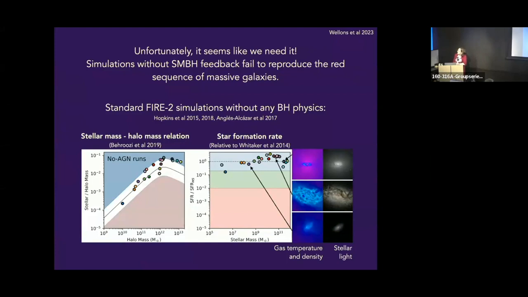And if we look at the actual galaxies themselves, you can see an image there of the gas temperature and density, with blue being cold and pink being hot, and then the corresponding stellar light on the right. At all masses, you end up with a little bit of a star-forming disk, even at the most massive end, even when a hot halo is formed, in the absence of including any AGN physics.